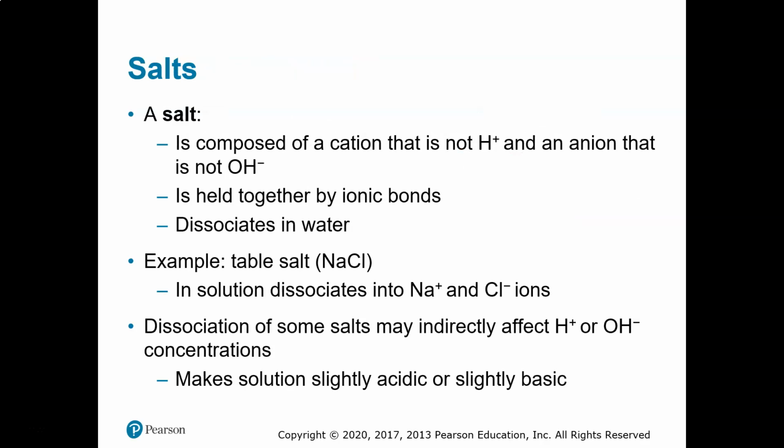And then we've got chemicals called salt. Salt is not always sodium chloride. This is only one type of salt. A salt is composed of a cation, any cation besides hydrogen, and an anion, any anion besides hydroxide.